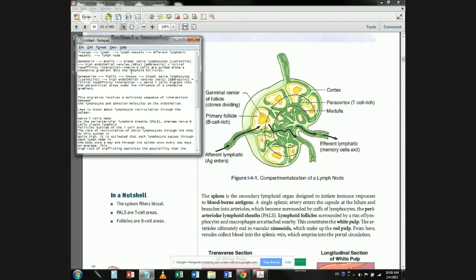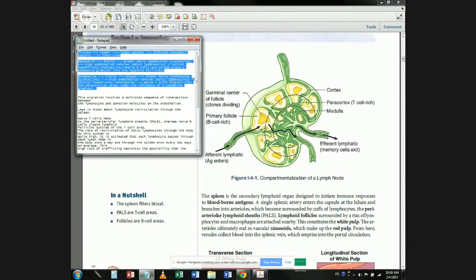The B cells will feel their way into the lymphoid follicles right there, probably the primary follicles, and the T cells will feel their way into the paracortical areas right there. So that's basically what's happening in the lymph node.